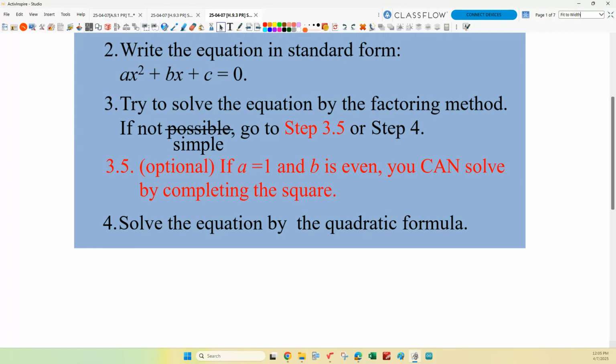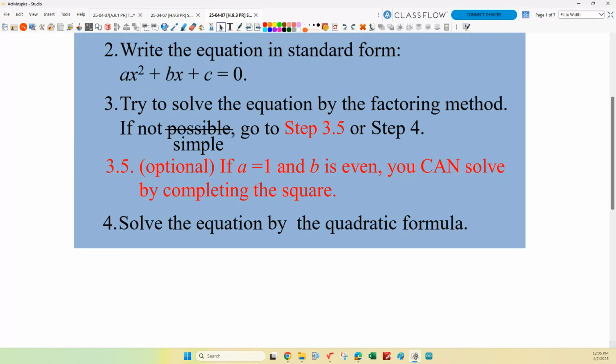Your ace in the hole is what? If all else fails, how can you solve any quadratic equation? The quadratic formula. As long as you start in standard form, you can solve. What is a little bit cumbersome and inconvenient about the quadratic formula? You've practiced it now.